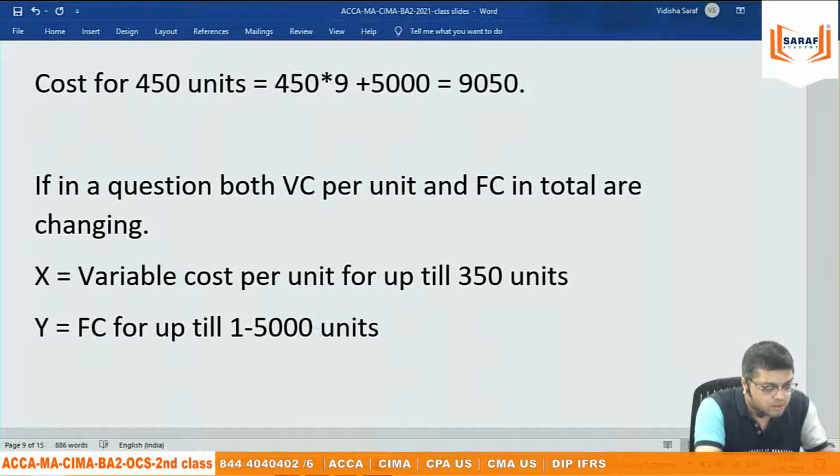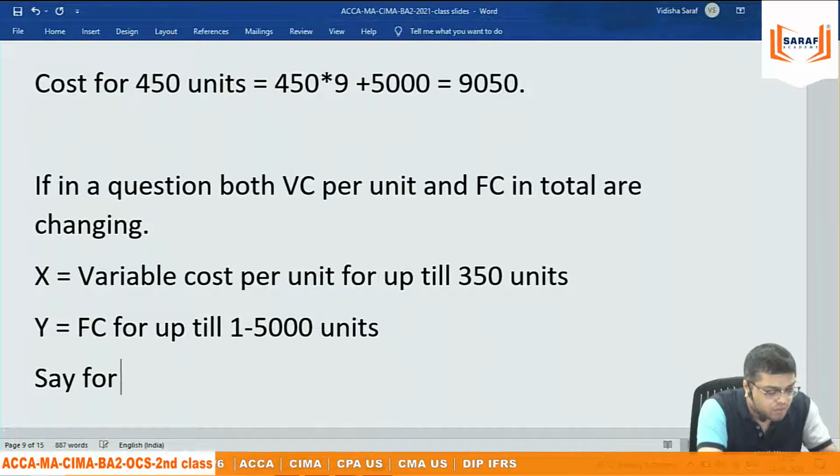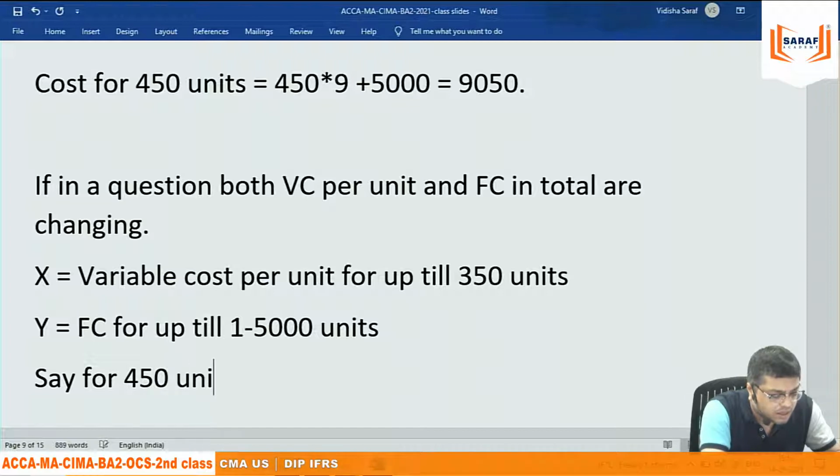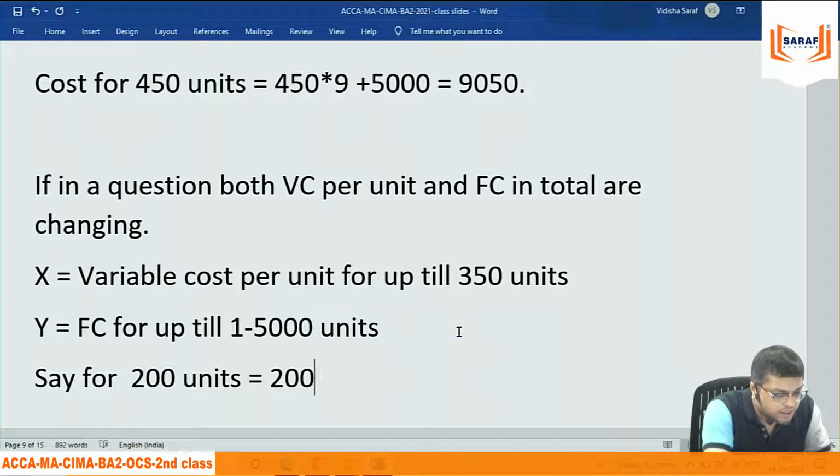Now say for 200 units, how much will be the cost? 200 into X plus fixed cost. Fixed cost I have said Y, which is coming 7000.